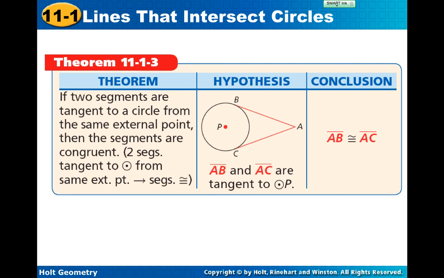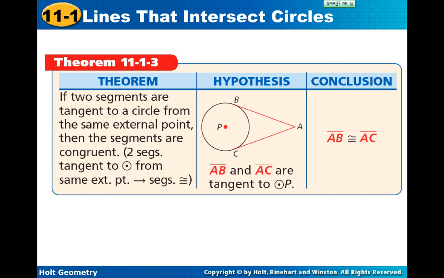So the segment from A to B and from A to C will be the same, as long as those are actually tangents. So Megan, I'm not sure what your diagram was doing different, but something wasn't set up right.